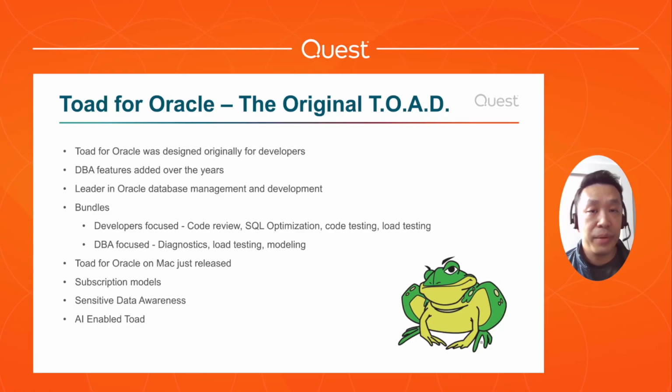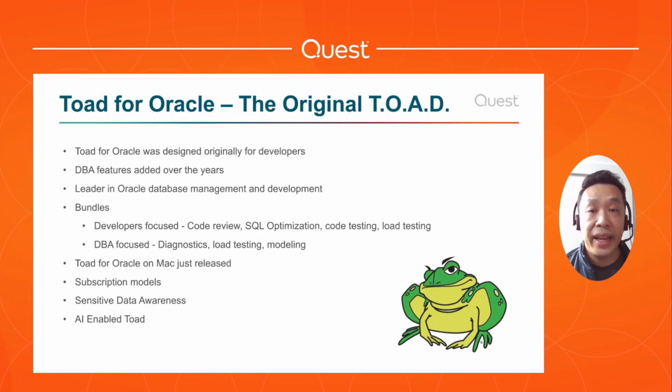It's going to test your code, make sure that it's bulletproof. It's got scale testing and load testing to make sure that your code works at scale, which is really important nowadays. And so this edition helps you build out test harnesses and suites and has automated testing workflows to do regression testing and code coverage testing and things like that. So if you're a developer, you might want to take a look at the Toad Developer Edition.